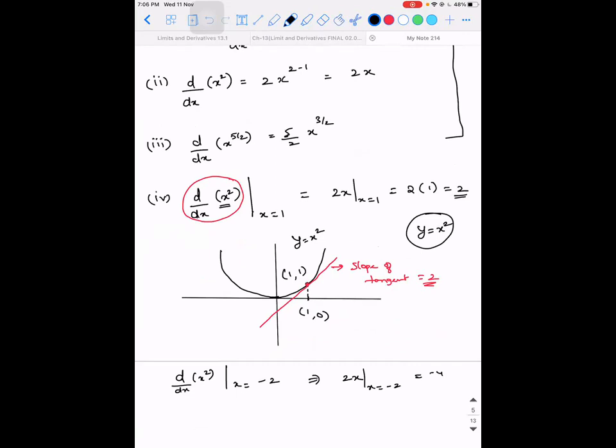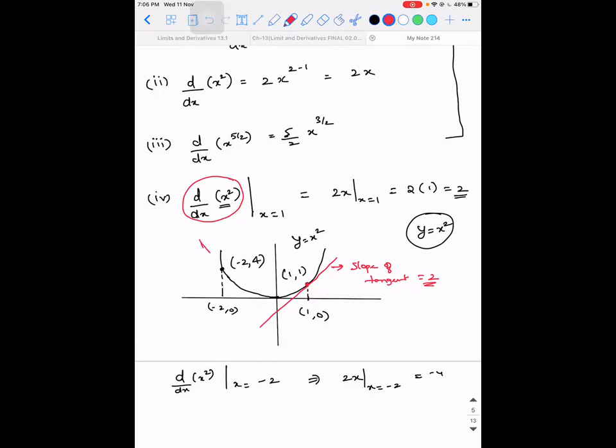What is the meaning of this? So you have a point minus 2 here. What will be the corresponding point on the graph? Minus 2 comma 4. Why is it 4? It's only 4. It is 4. Okay. So what is the meaning?